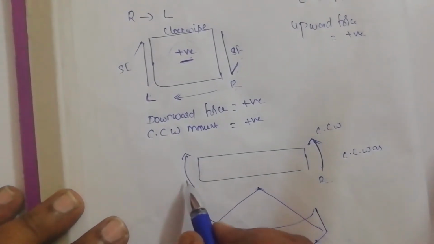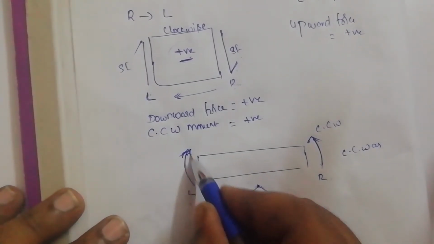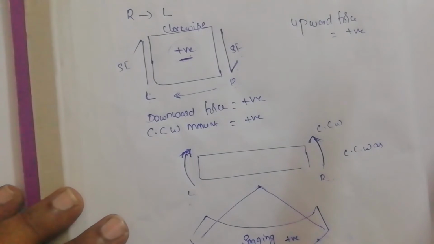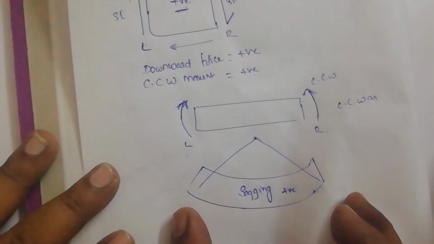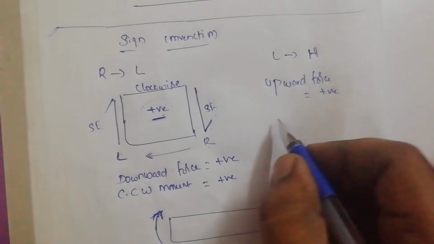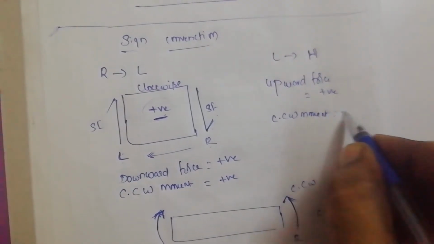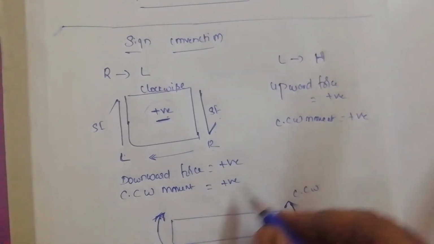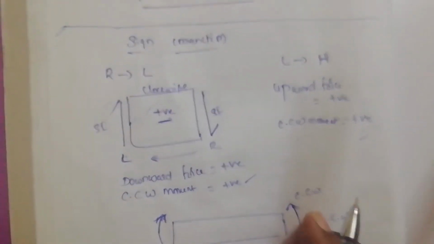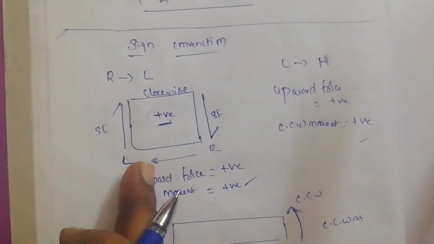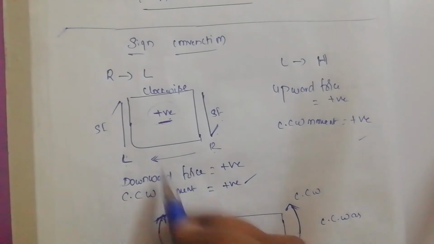Okay, so this is in clockwise direction, if you apply clockwise itself, then only it goes for sagging in left to right. So CCW movement, counterclockwise movement, is equal to positive. You should remember this convention and this convention. Most of the problems we solve from right to left, then you have to use this formula.